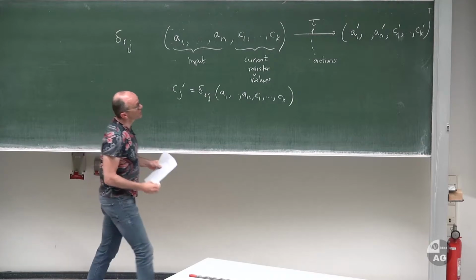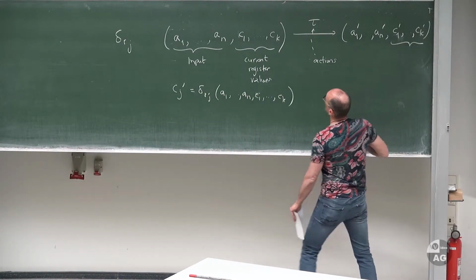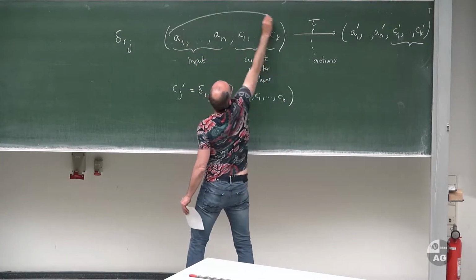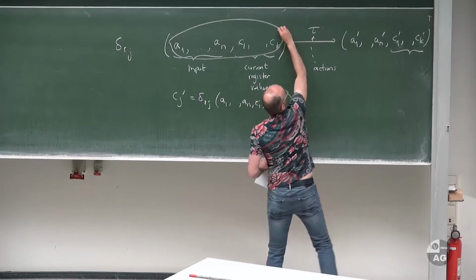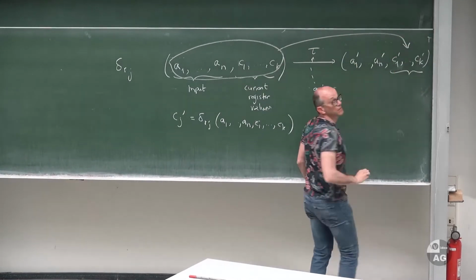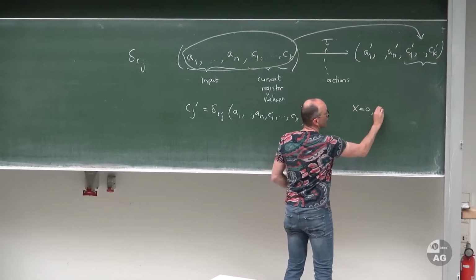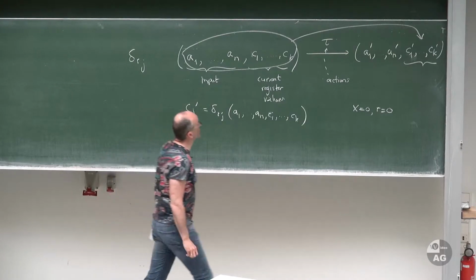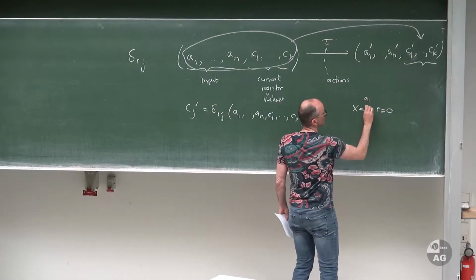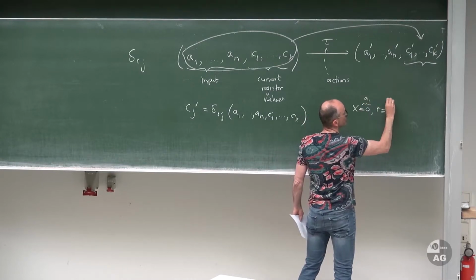What is important is that these values depend on the current state values. So this is going to be determined by this. Suppose that currently we are in the state x equals 0, r equals 0. This is A1, and this value is C1.